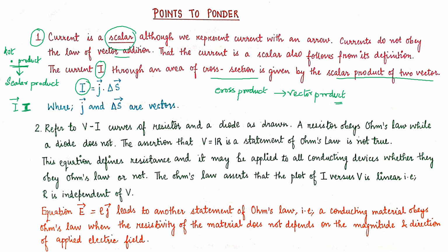Now the question arises: if current is not a vector quantity, why is it a scalar quantity? If we see this particular cross section, there is movement of electrons in this direction as well as in this direction. It will be very clear when we read about semiconductors and diodes.